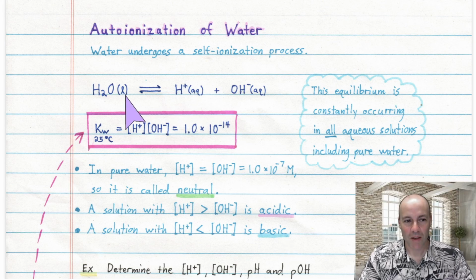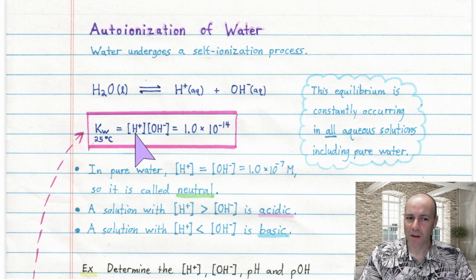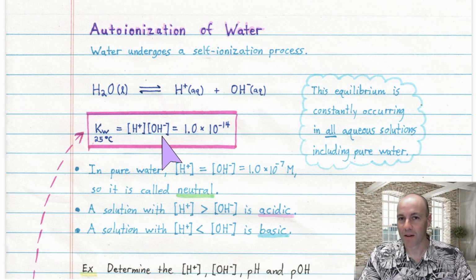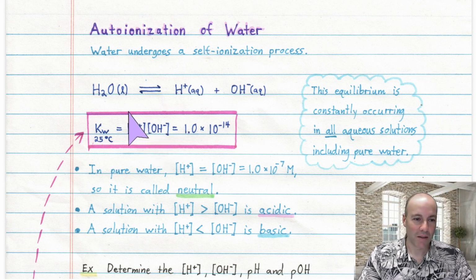Now, this relation right here is very important because it allows us to see how the proton and hydroxide concentrations are related to each other. If you know one, then you know the other one. So in certain solutions, it's easy to figure out what the proton concentration is, and therefore you can use this equation to calculate the hydroxide concentration, and vice versa.